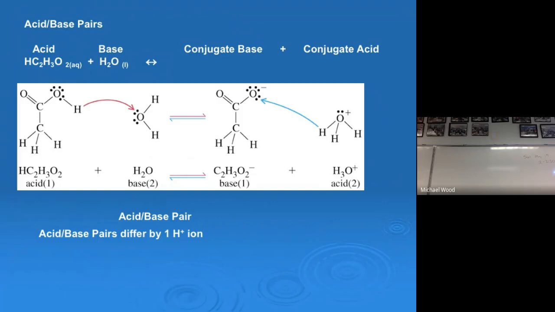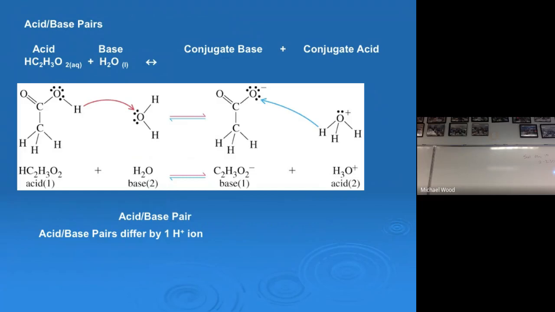If you compare the left side to the right side, on the product side you have the conjugates, like partners. When there's a single H difference, it's the conjugate. So this is acetic acid, and over here is acetate ion. It differs by a single H. So the acid has a conjugate base, and the base has a conjugate acid.